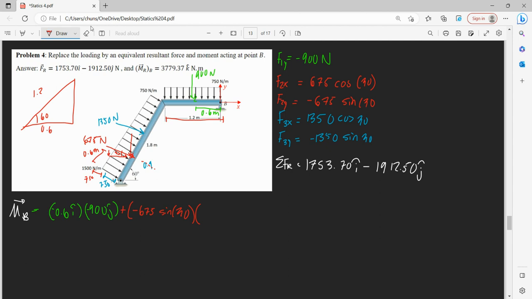And then while we're here, let's solve for the vertical distance, which is equal to sine 60 equals x over 1.2. Sine 60 times 1.2, and that's 1.0392 meters. So we're going to solve separately for our x and our y components.